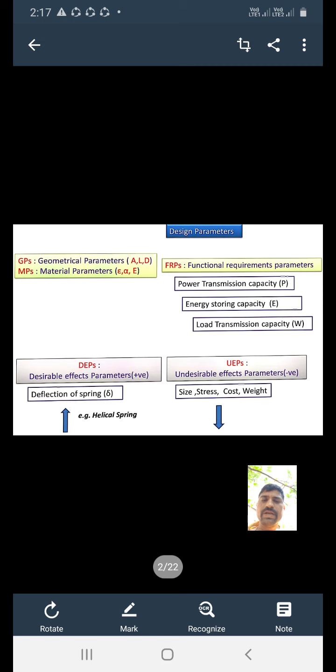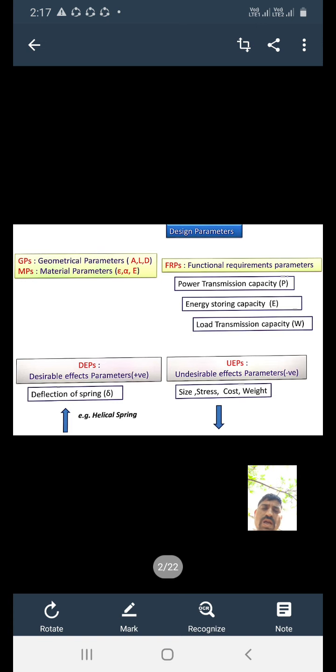Then the design of a mechanical element is again divided into two: adequate design and optimum design. Before going on, remember that the desirable effect parameter is positive deflection of the spring.